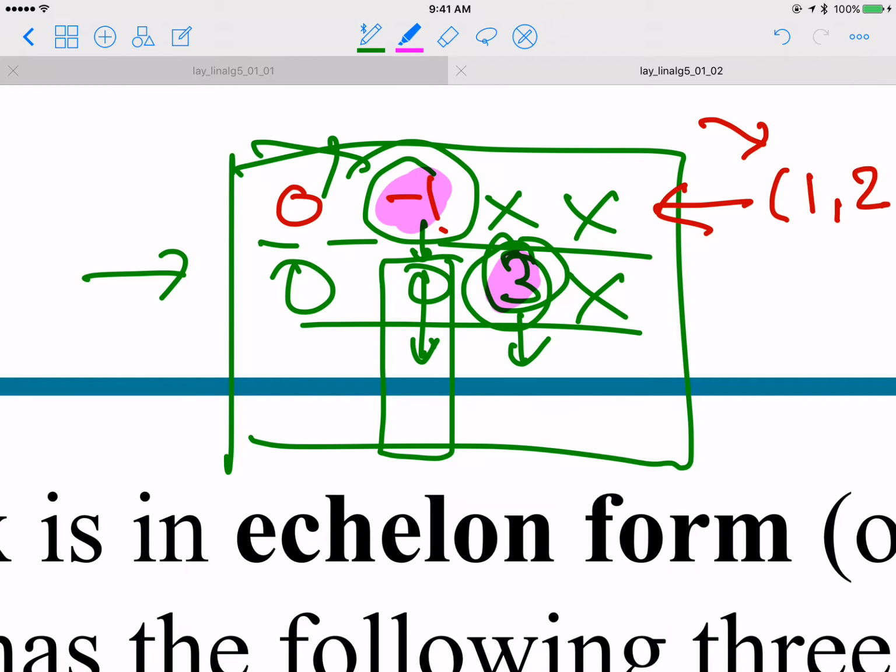The easiest one is just scaling a particular row. So simply, once we see a leading entry which is not 1, you just multiply this row by -1.